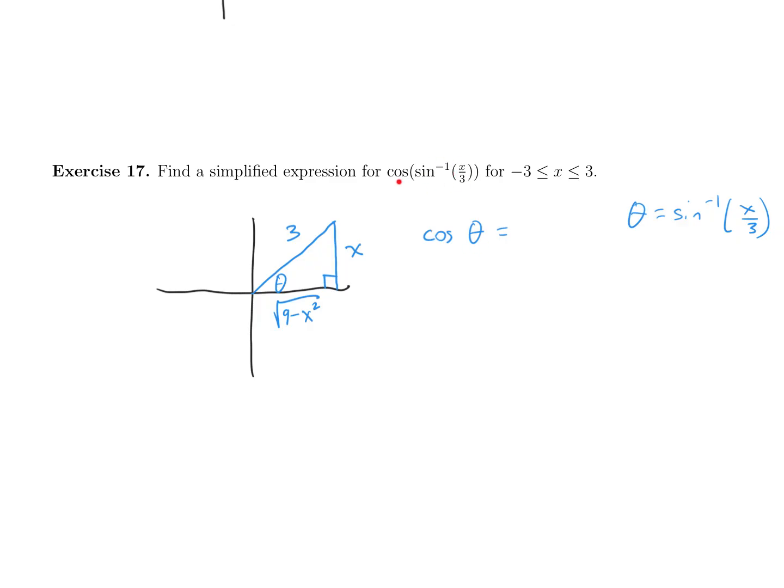So in this case, they're asking for cosine, so you're going to do adjacent over hypotenuse. So the final answer will be adjacent over hypotenuse. So it turns out to be an expression in terms of x. All right, and that concludes this section.